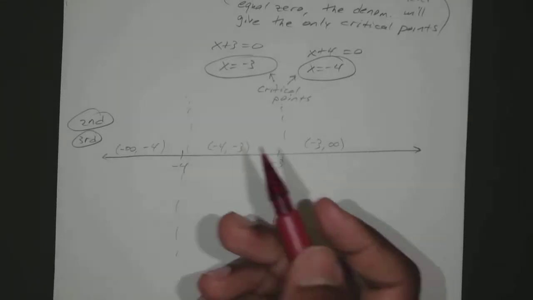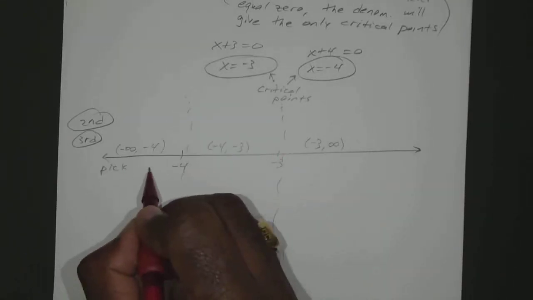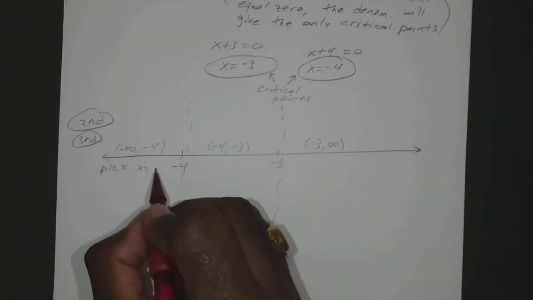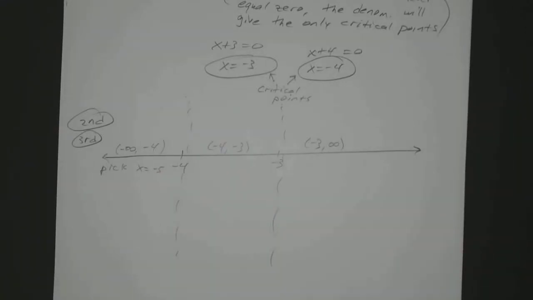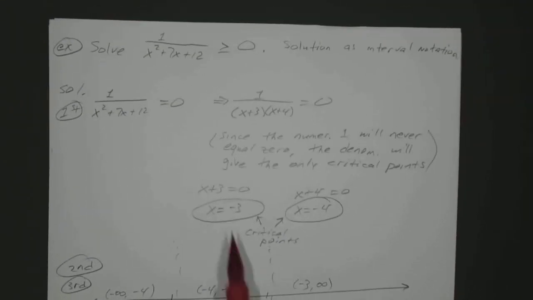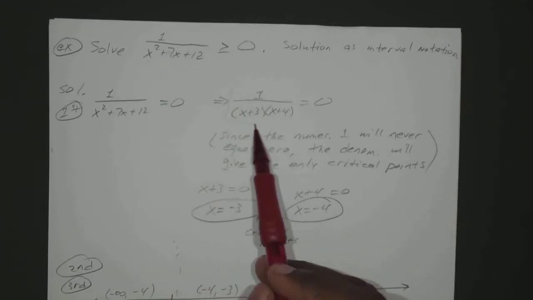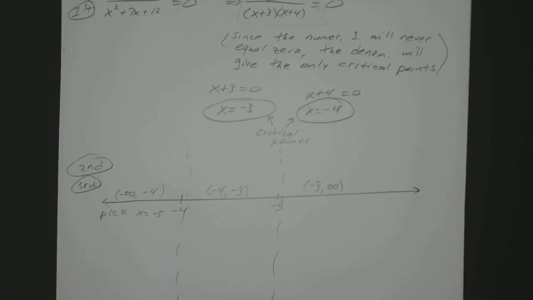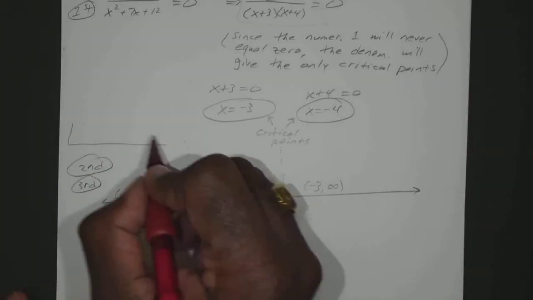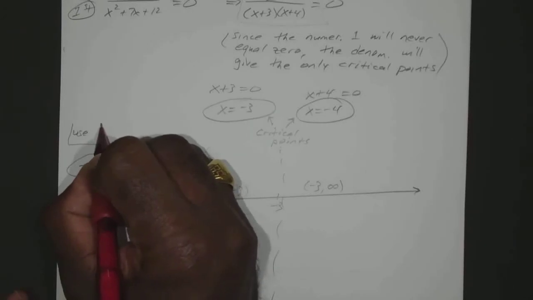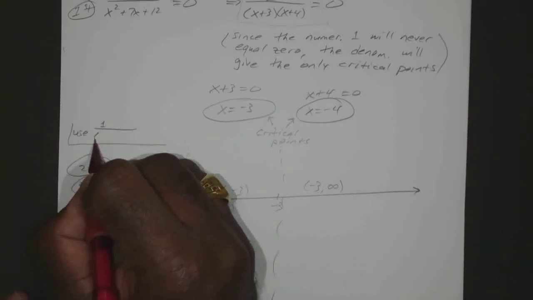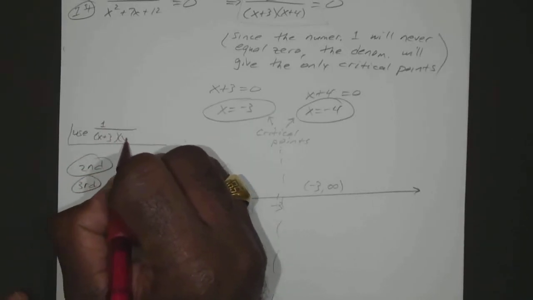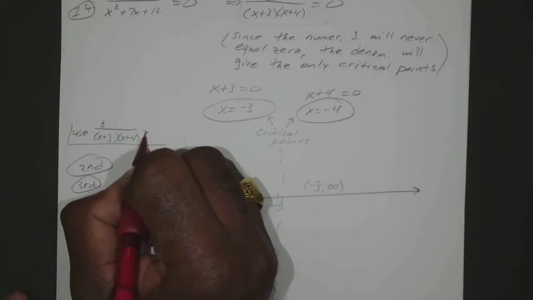For this one, we can pick x equals -5. Remember, we can always factor this and use it being greater than or equal to 0. So we use 1 over (x plus 3)(x plus 4) is greater than or equal to 0.